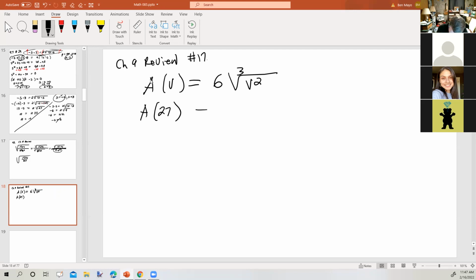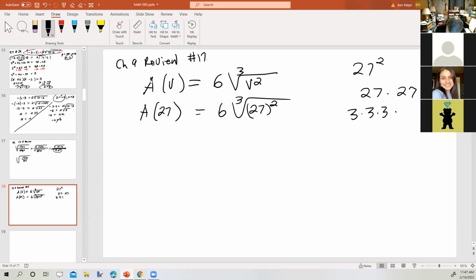Okay, so that's 6 times the cube root of 27 squared. Now 27 squared is 27 times 27, which is 3 times 3 times 3 times 3 times 3 times 3, because this would be 27 and that would be 27, which is 3 to the 6th power.